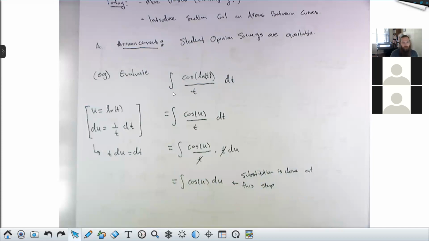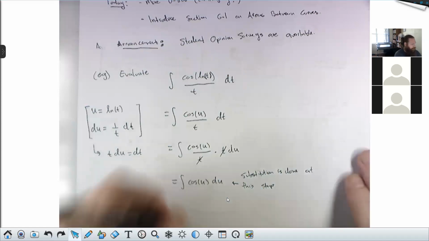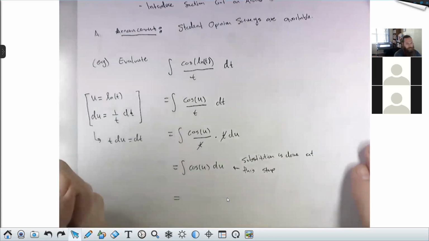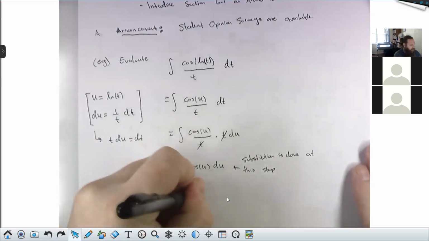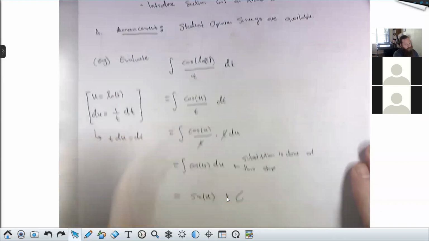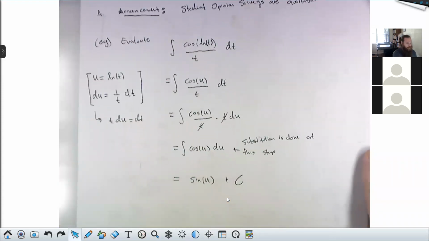All right, I've taken it from an integral I don't know how to do in terms of the variable t into an integral that I do know how to do in terms of the variable u. An antiderivative for the cosine of u is the sine of u. All right, because the derivative of sine u is cos u.